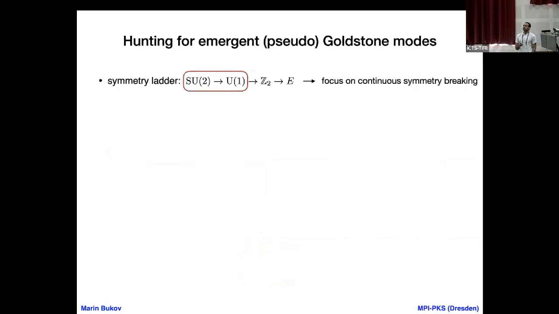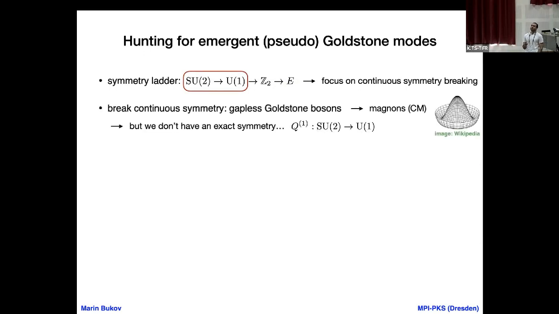Now, in the last few minutes, I just want to mention something that we're currently looking into. All of this is preliminary, so don't take what's written on that slide as the absolute truth. In particular, I want to come back to this ladder SU2 to U1 to Z2 to nothing, and I'm mostly interested now in the first part of it, because this is where you break a continuous symmetry.